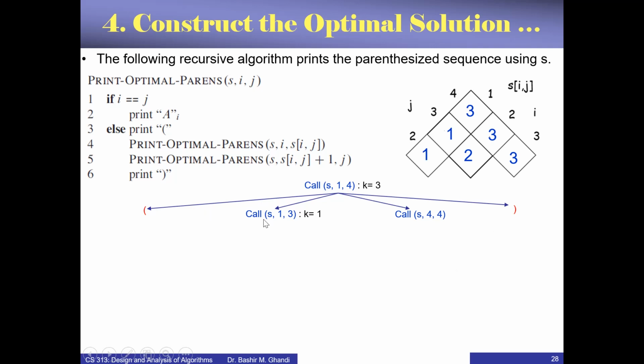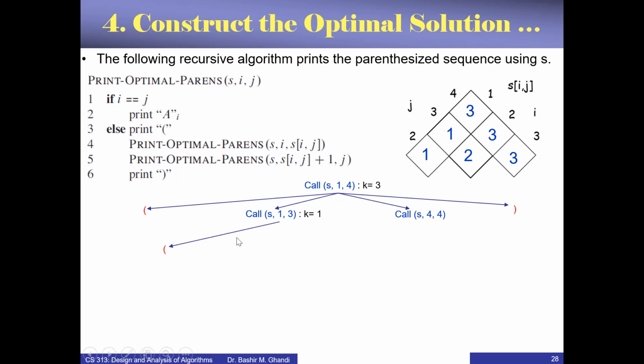Good. But this is a recursive call, so we're going to start all over, making a call with the same S, but this time with 1 3. So what is the value of k for 1 3? It is 1, so k is equal to 1. So again here, I is not equal to j, so it will not do the if part. Rather, it will make 4 different calls. First call will print opening parenthesis.